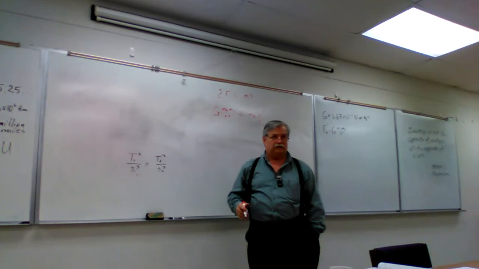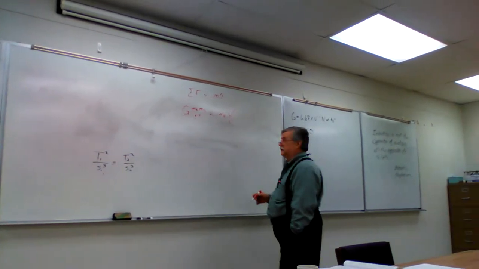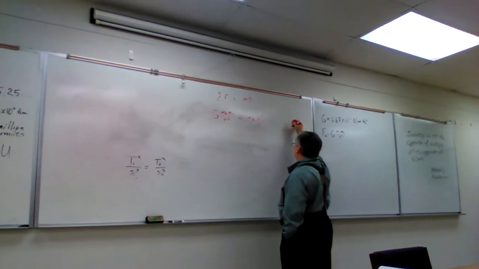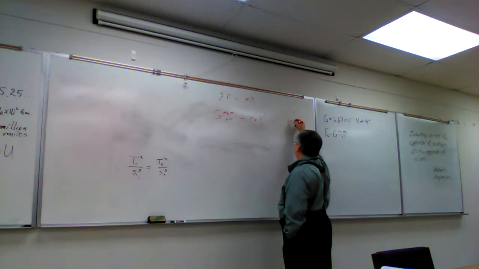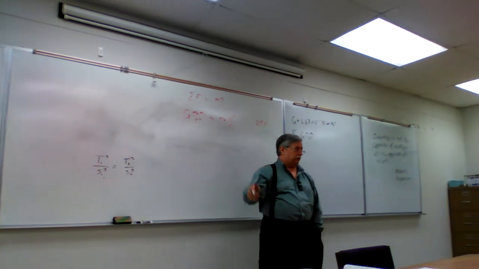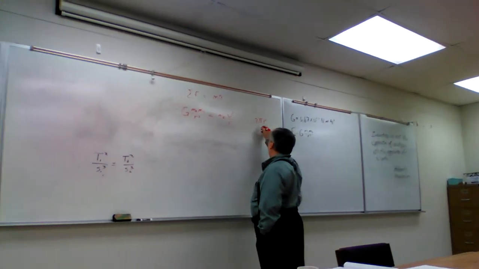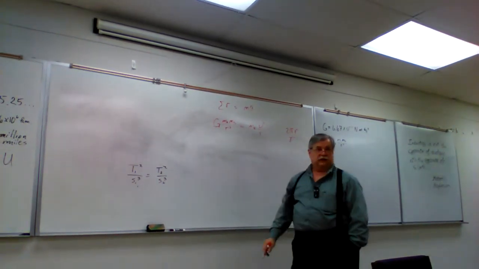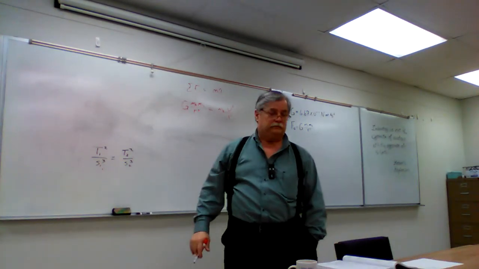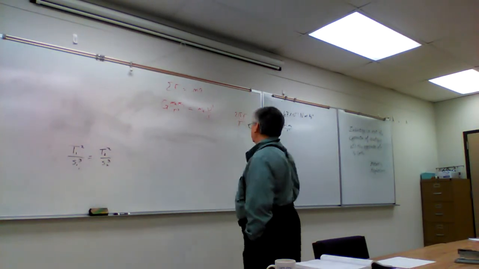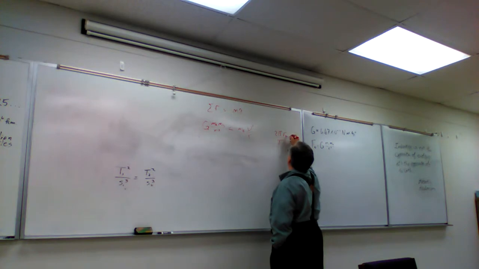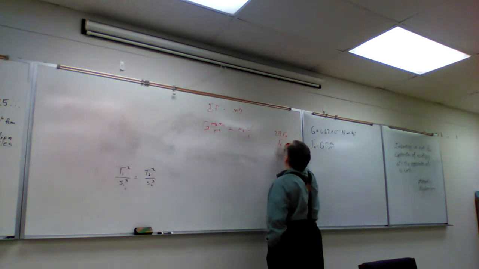Well, what is the velocity? Distance over time. So how far does it travel? It travels 2 pi r, the circumference of its orbit. And it does so in what? In one period, 1 year. So we're going to call this the radius of the Earth and the period of the Earth.